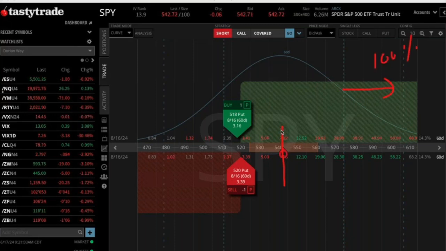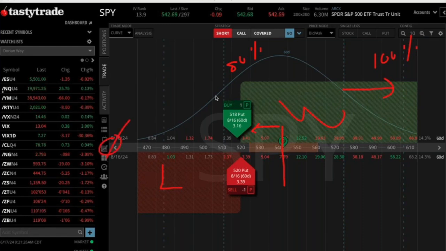But what's more powerful, in my opinion, even if it goes down, even though this is a bullish strategy, you're still going to win 80+% of the time on this trade at expiration, right? Because you got this whole big win zone, and then your loss zone is here, right? But your loss is not all the way to zero.